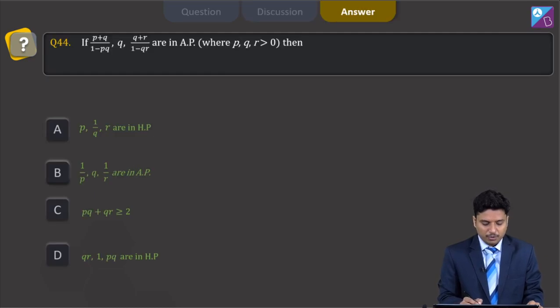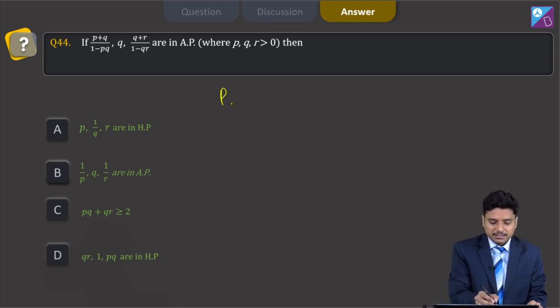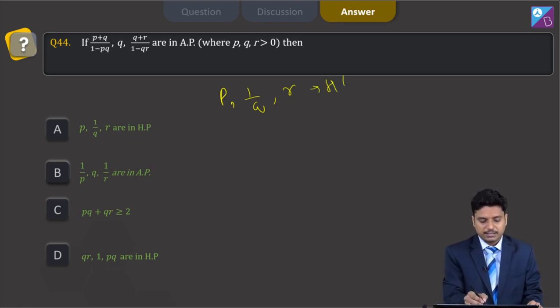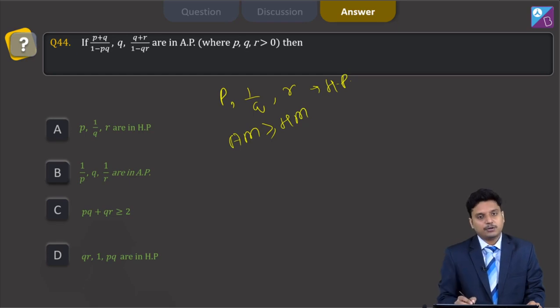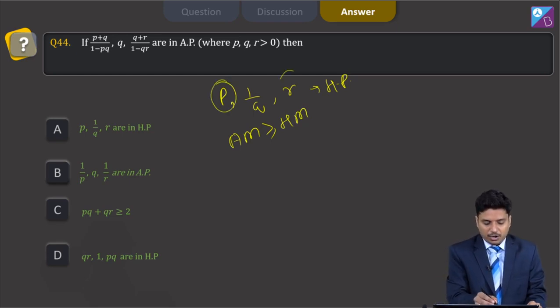Now what about option C? Option C is that PQ plus QR is greater than or equal to 2. So as P, 1 by Q and R, these three terms are in HP, if we apply AM greater than or equal to HM on these two terms P and R, what will we be getting?